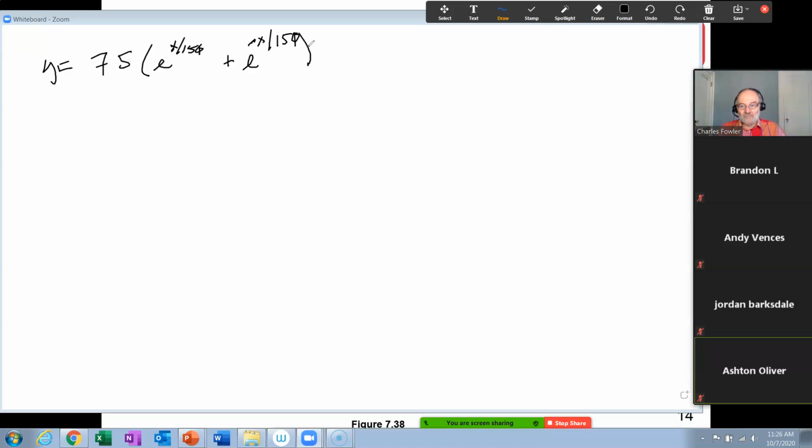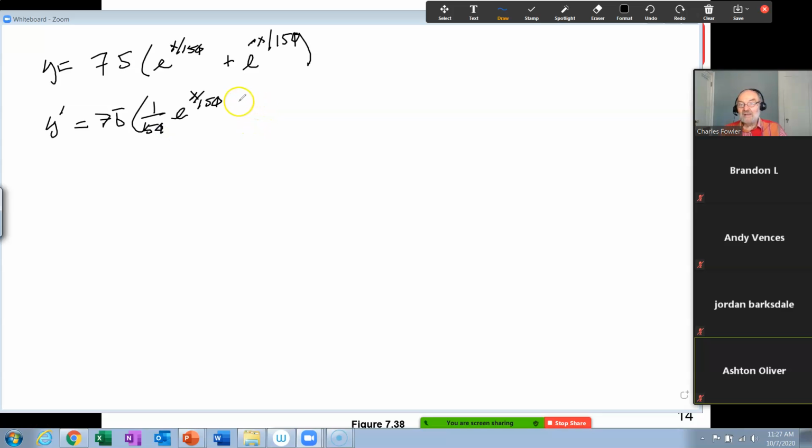Well, first thing you have to do is take a derivative, of course. So y prime is equal to, let's take the 75 on the outside. Don't mess with that. Derivative of this is e to the x over 150. The derivative of an exponential is the exponential, but then the chain rule puts a 1 over 150 here.